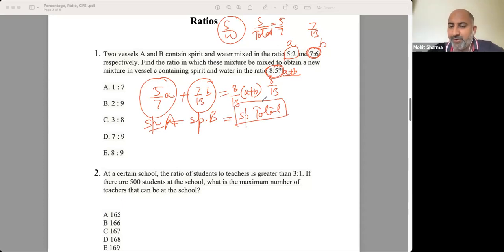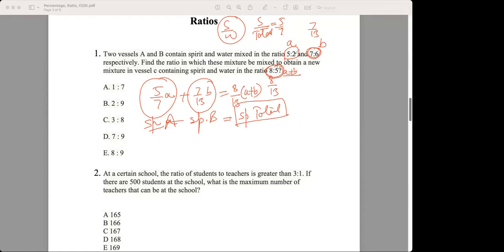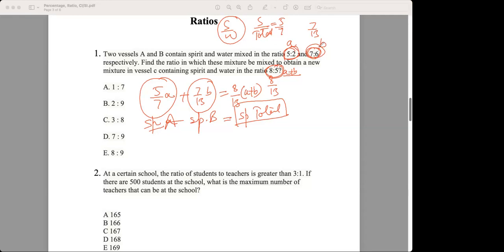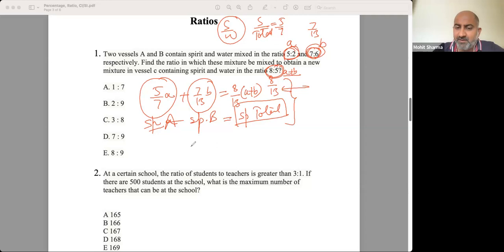That's ultimately what you're doing. Understood? Yes, sir. Okay, because if you take both the things, spirit and water both, it'll make things complicated. Now, this is like one simple equation, and after that, one more step, and you're done.